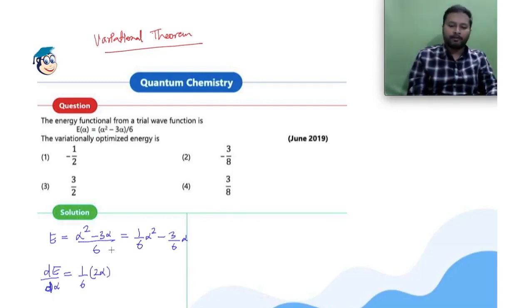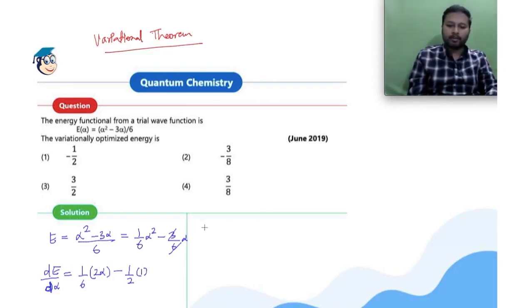In the same way, differential of alpha square will be 2 alpha. 3 by 6 I can write as 1 by 2, so I'm going to write 1 by 2, and differential of alpha is going to give me 1. Just like d by dx of x is equal to 1, in the same way, d alpha by d alpha is going to give me 1. So this is what I'll be getting.